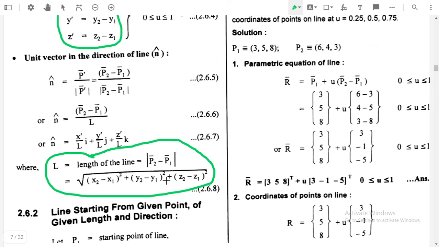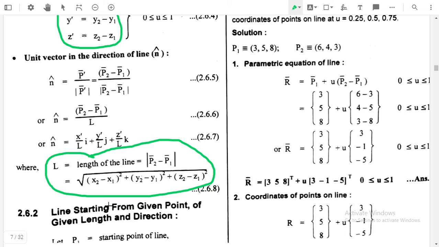So the formula to calculate the length of the line is the square root of (x2 minus x1) squared plus (y2 minus y1) squared plus (z2 minus z1) squared.